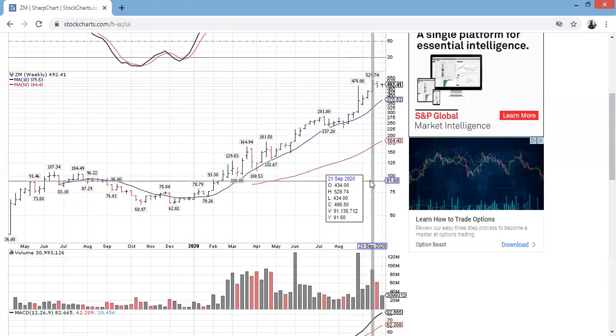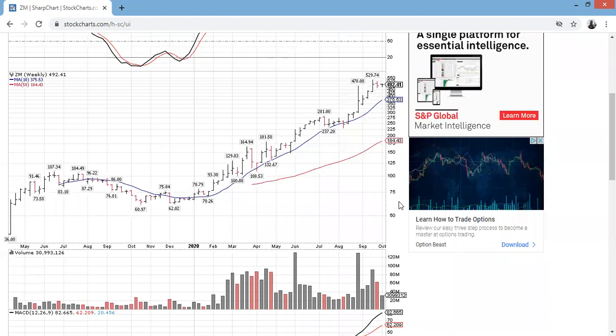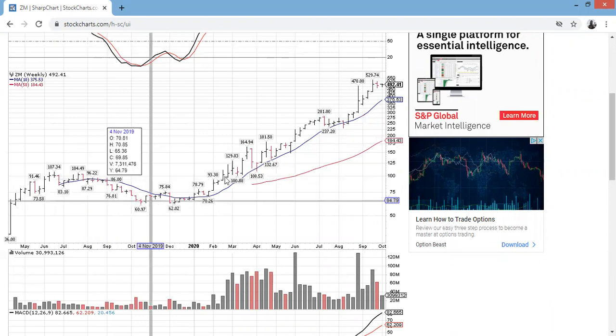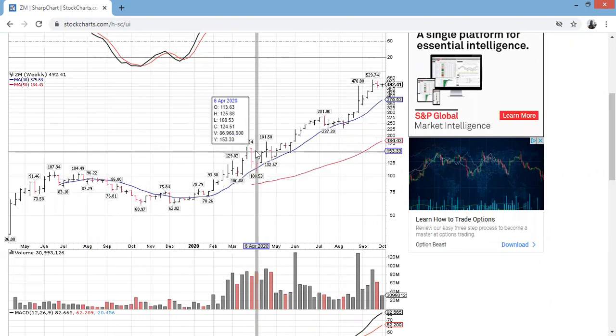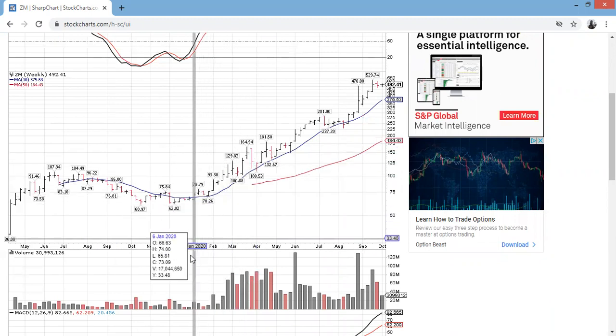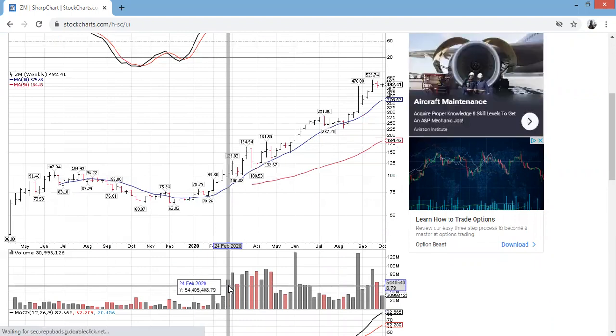But if you look at a weekly chart, it takes out the daily swings up and down and gives you a clear picture of what direction the stock is moving in. And it also gives you a clear picture of the volume that's traded in the stock for the week.